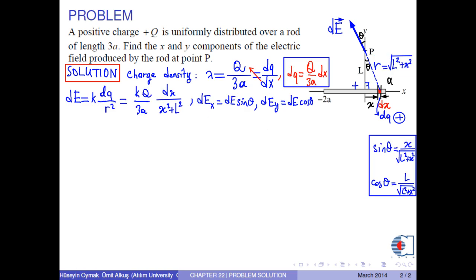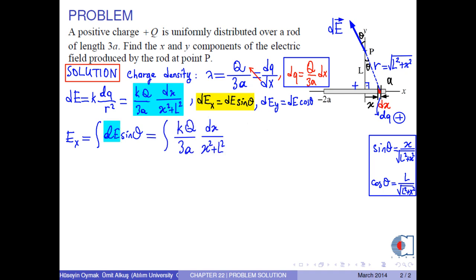The magnitude of the x component, that is Ex, is the integration of the dEx, which is dE times sin theta. dE has the form kQ over 3a times dx over x squared plus L squared, and sin theta is x over x squared plus L squared to the power half. k, Q, and 3a are constant, and they can be taken outside the integral sign.